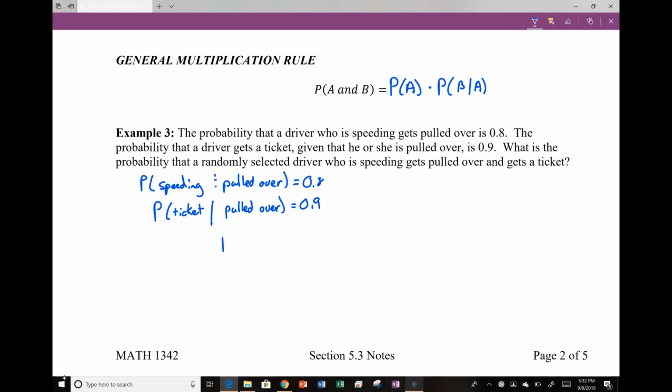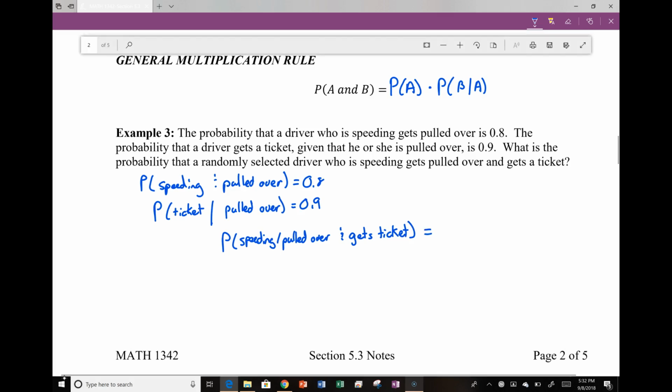What is the probability that a randomly selected driver who is speeding gets pulled over and gets a ticket? So we want the probability of speeding and pulled over and gets a ticket. So we have this and here.